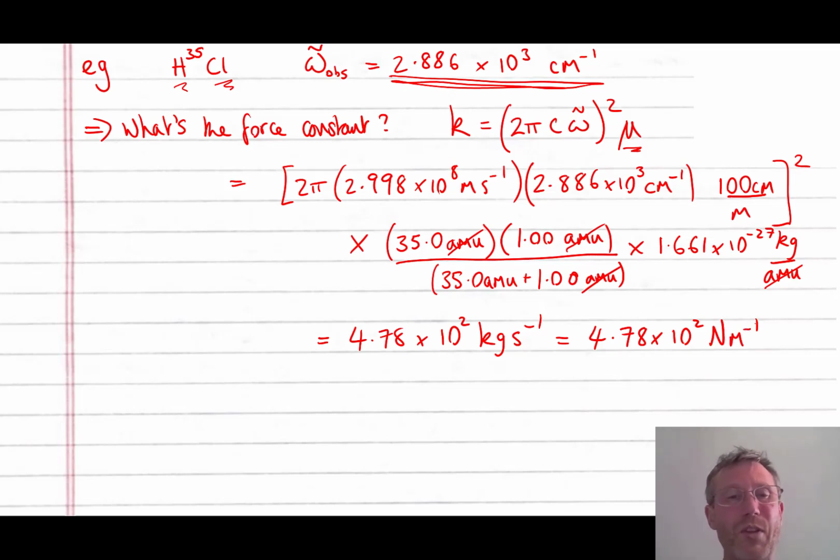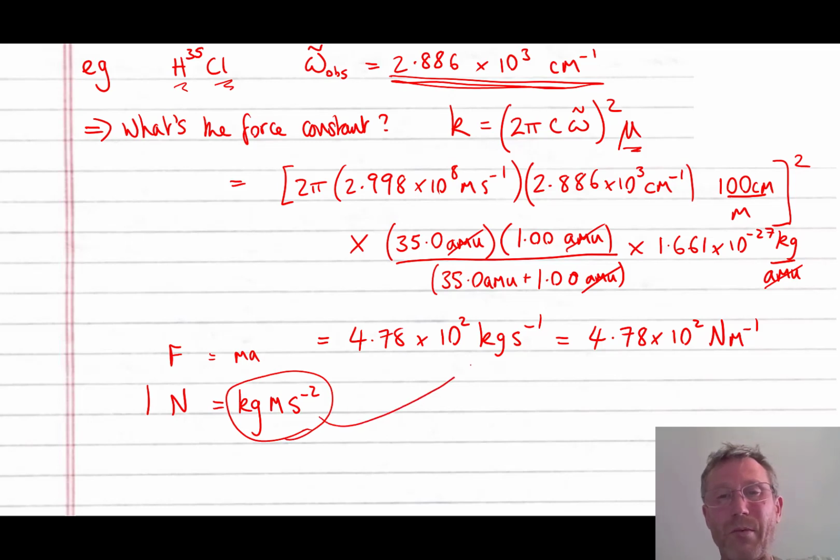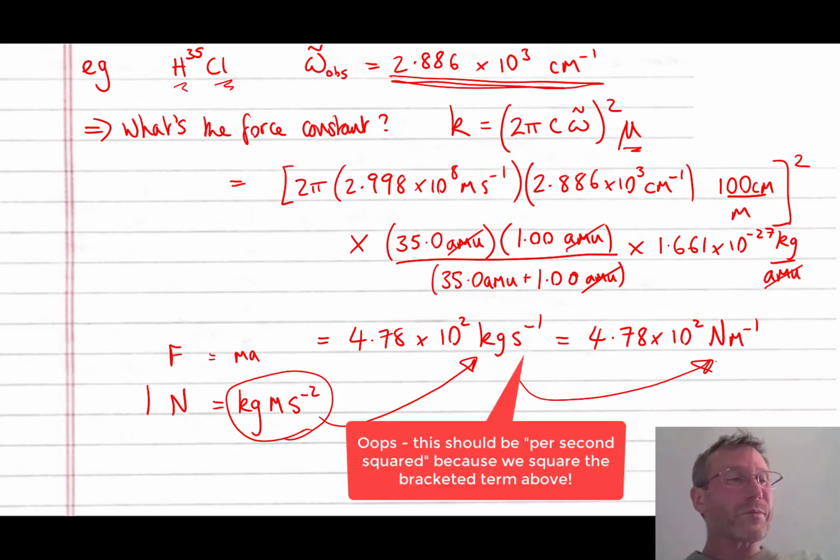And remember, 1 newton again is a unit of force, and F is equal to ma. So that would be mass, kilograms, times meters per second squared. Then we look at these units, we see the units we've already got, and that's how we end up getting the newtons per meter, and that's the units for our force constant.